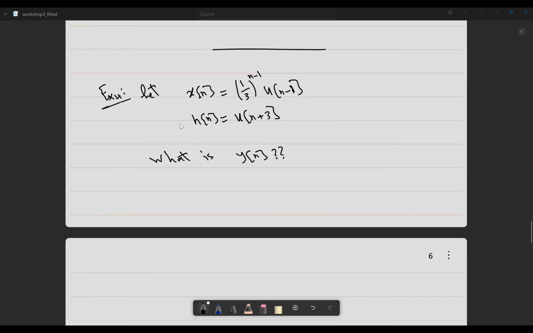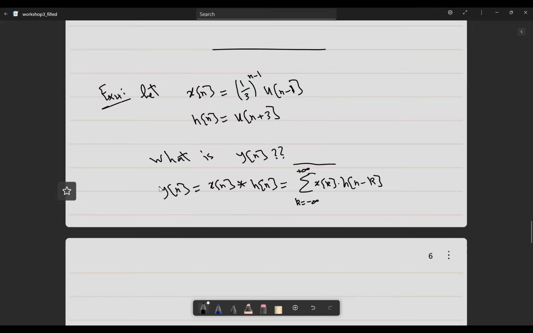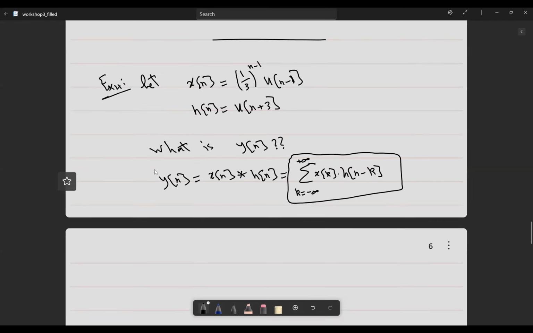Yeah, that's correct. y[n] is just the convolution between x[n] and h[n], which can be written this way: the sum from minus infinity to plus infinity of x[k] times h[n minus k]. So we need to find this summation.